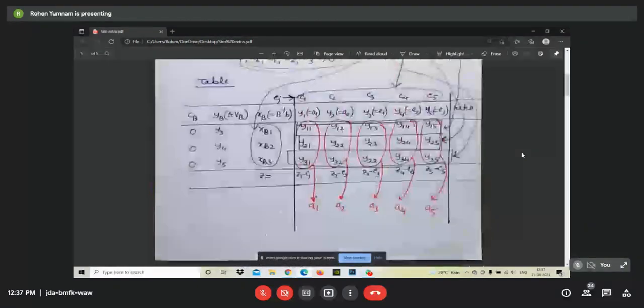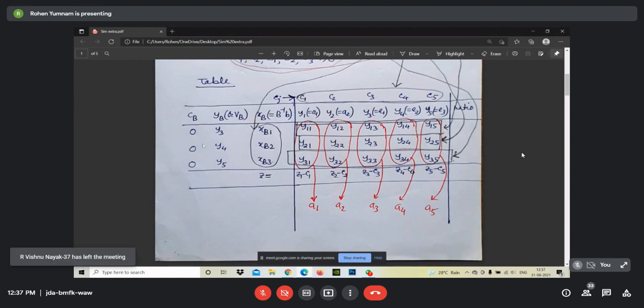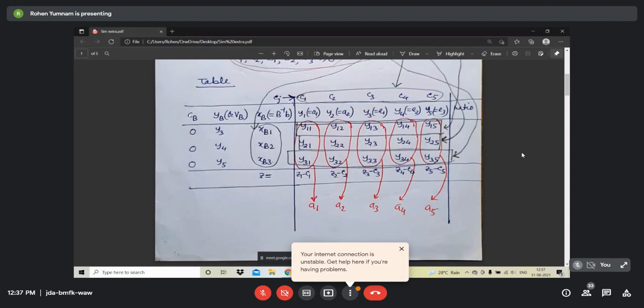See how you have to get Z here. Multiply CB with XB and add. That will be your Z. And for Z1 minus C1, multiply CB with Y1 minus C1. And for this one, multiply CB with Y2 and subtract C2.